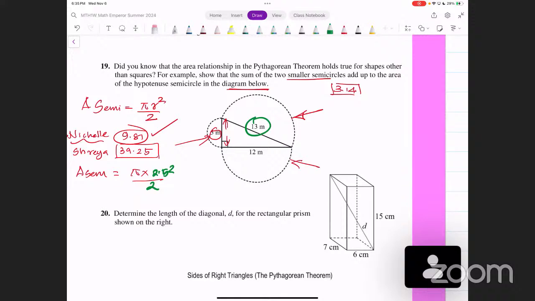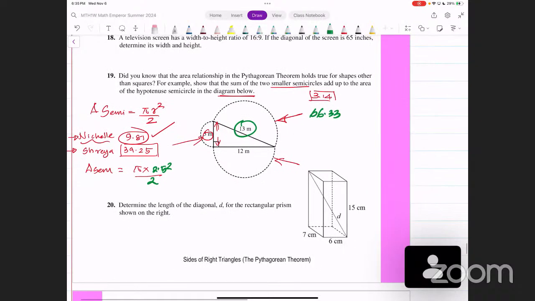Vishali online, what do you get for 13? I got 66.33. That is right, 66.33. So I'm not sure what's going on, Taban. Pi times the radius, which is 13 divided by 2, because that's a diameter, 6.5, right? So this is 66.33.